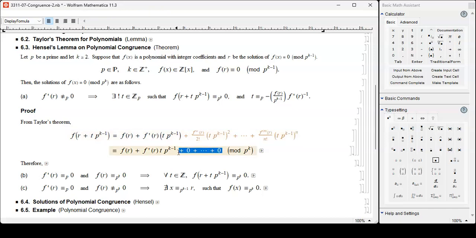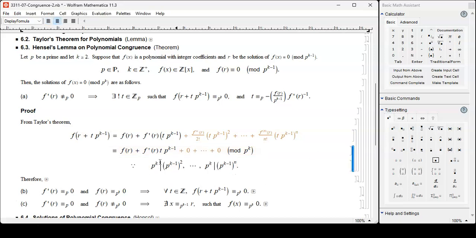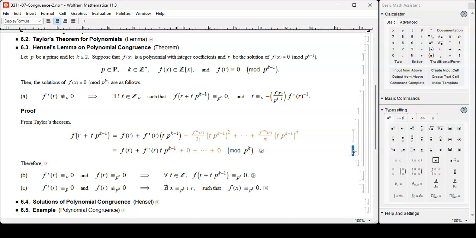The reason is that p to the k power divides all these, because p to the k minus 1 times 2 is bigger than k, and so on. So only the linear term and the constant term matter. Everything else just disappears. We already saw that in the motivating example for exactly the same reason. As a matter of fact, it's coming back again.